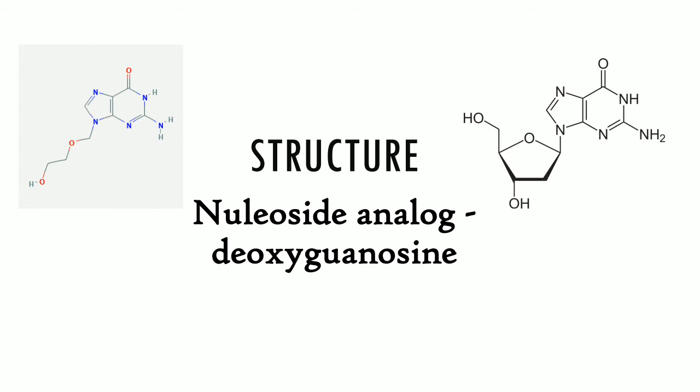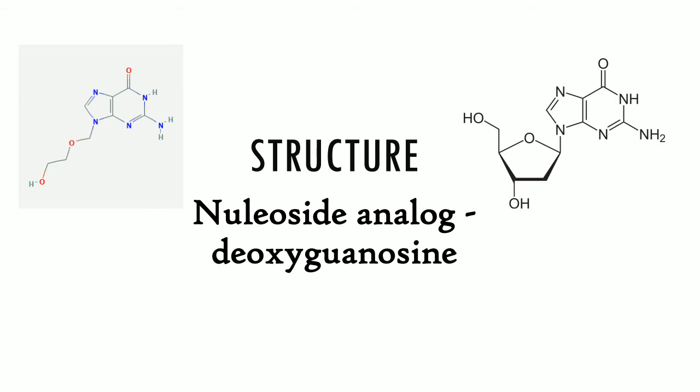On this side, as you can see, we have the structure of the antiviral agent acycloguanosine. As you can see here, the guanine part of it has been exactly replicated in this antibiotic, and we also have the deoxyribose sugar, which is not present here, but we have a similar OH group at the end as we have in the case of deoxyribose sugar.